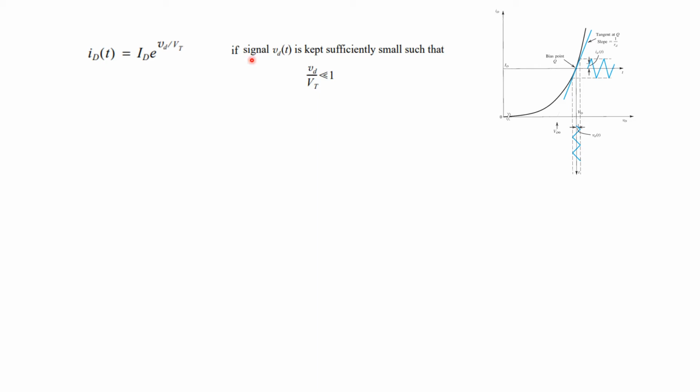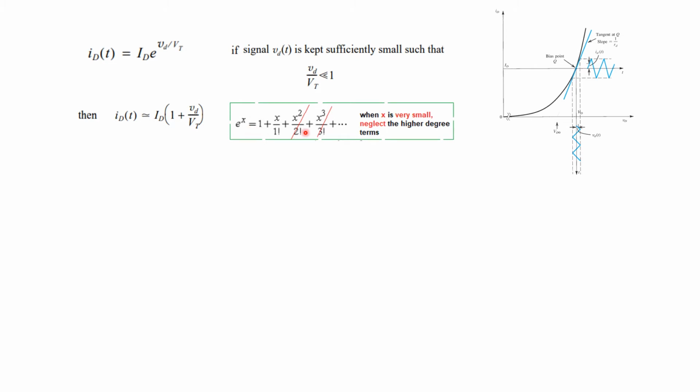Now if we say that this AC variation is very, very small, such that vd over VT is much less than 1, then we can use the exponential expansion series, where the higher powers are neglected when the value of x is very, very small. Therefore e to the x is 1 plus x. Same we are applying here, that iD can be approximately written as ID times 1 plus x, or 1 plus vd over VT.